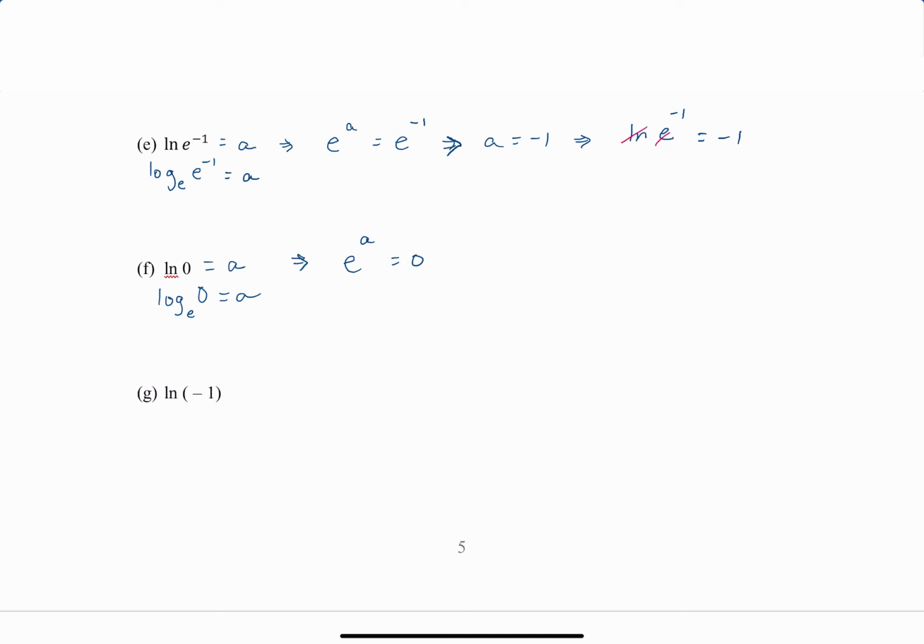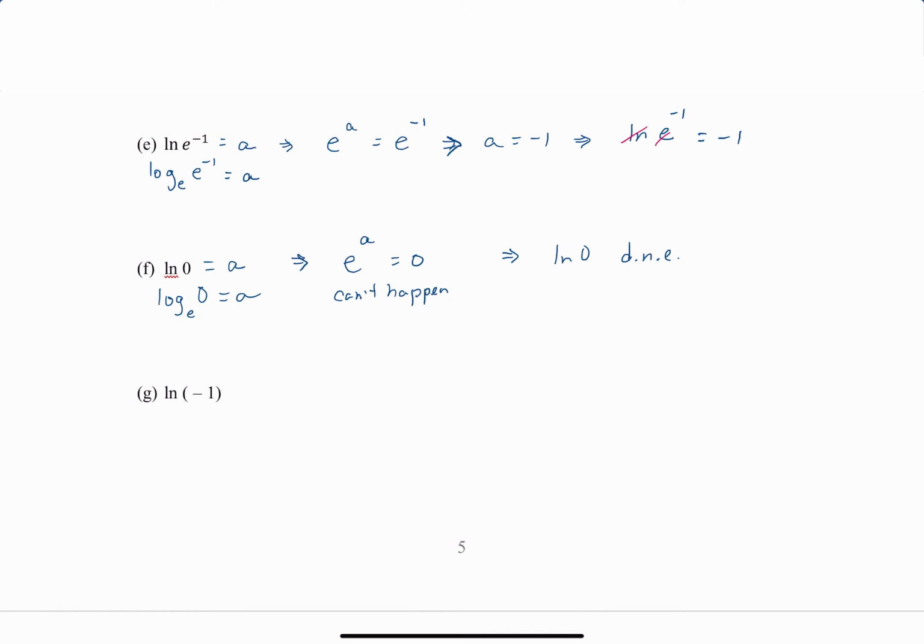Now, this can't happen. If you take a positive number like e and raise it to any power, you are never going to get 0 as an answer. So, since this can't happen, that tells us that the ln of 0 just does not exist. It looks like a number, but it's not a number. It's a meaningless collection of symbols.